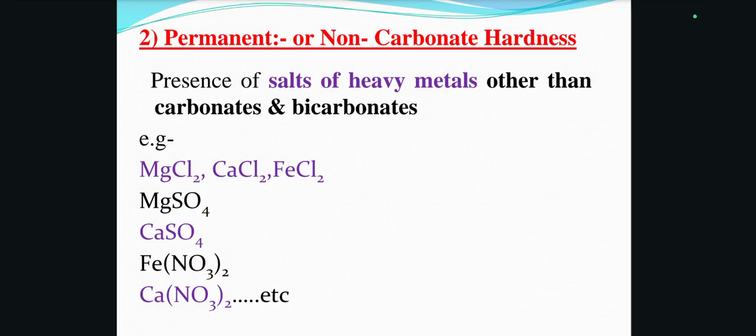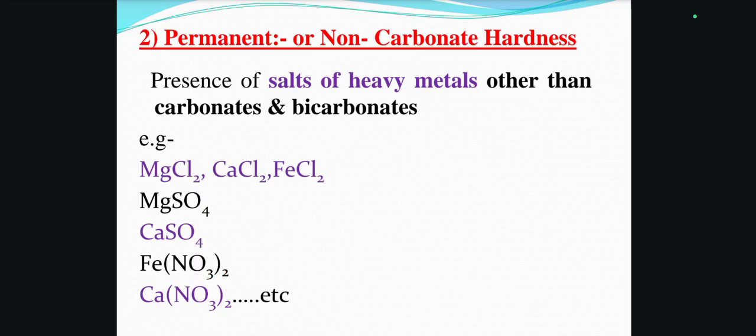Other than means carbonates and bicarbonates are not responsible for permanent hardness, right? Other salts are responsible for making water permanently hard.